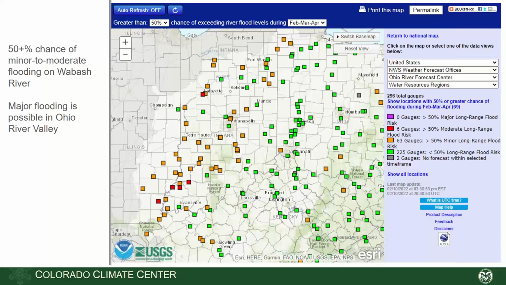And we do see some high probabilities in the Ohio River, the Wabash River, as well as some other rivers in the area reaching at least the minor flood stage, if not the moderate flood stage. This map is from last week, so it doesn't include the storm that's happening now. And I suspect that a lot of this has actually updated to increase the chance of rivers reaching flood stage in the region.